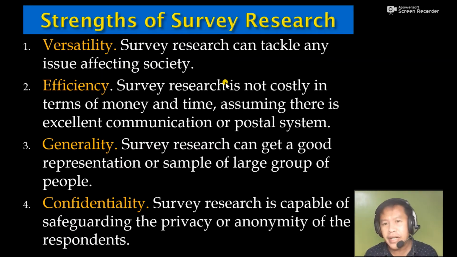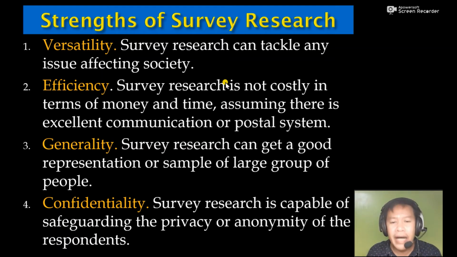For example, if you want to conduct a research about teenage pregnancy, you cannot expose the personality of the respondents because teenage pregnancy is sensitive. If you want to conduct a research about the victims of the COVID-19 pandemic, the people who are infected with COVID-19, you cannot expose the personality of these people, no?